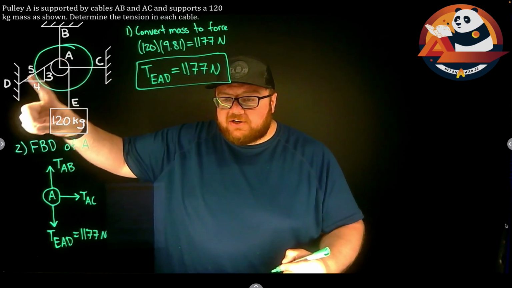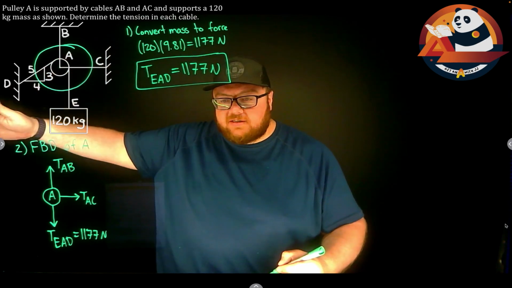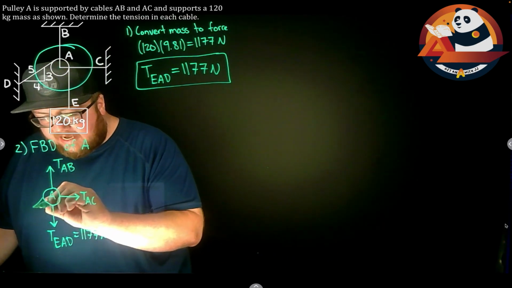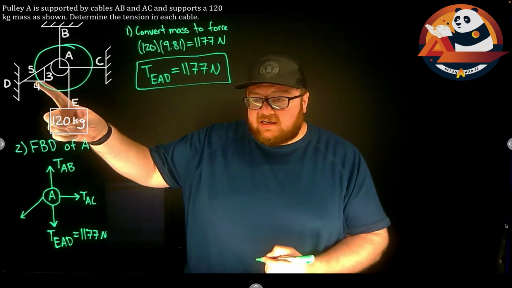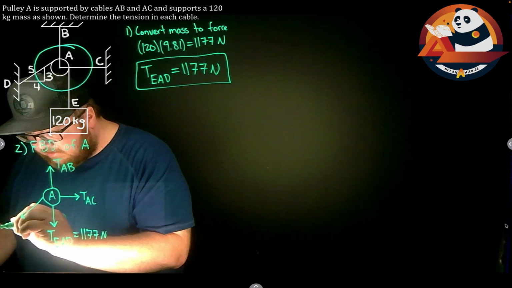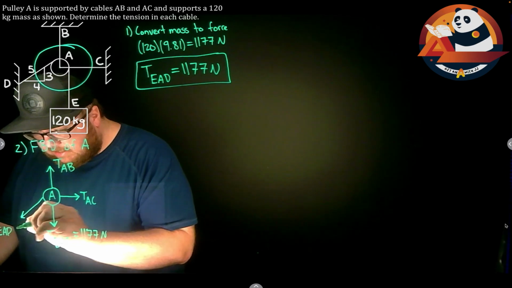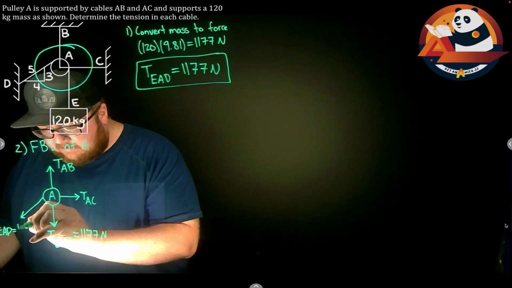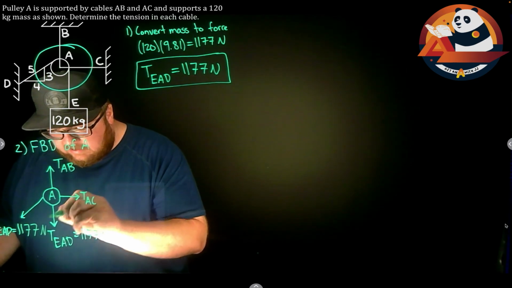And then one last cable to get in here. I have EAD shows up again going down and to the left. So it should be one force in tension, acting away from our point. So we'll show this going down and to the left. It's the same cable. This is still TEAD, so it's still known for us. TEAD here, and it's still going to be 1177 newtons.